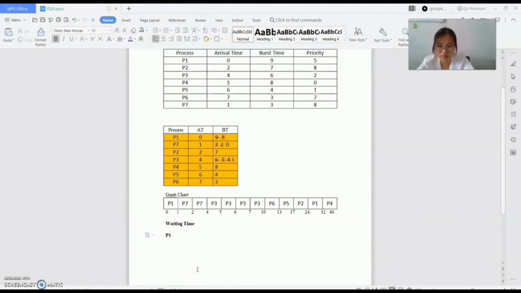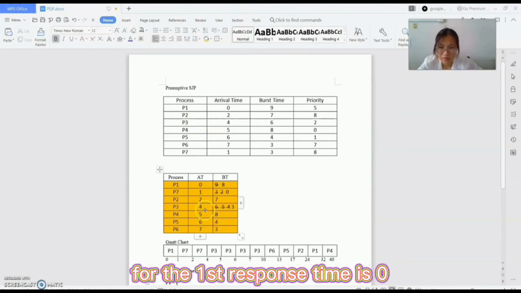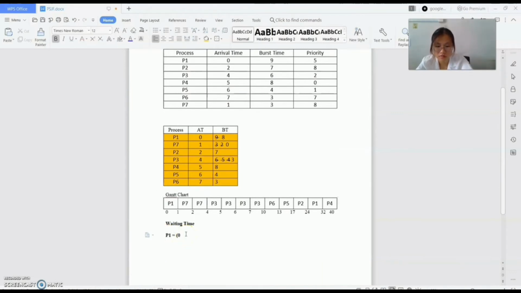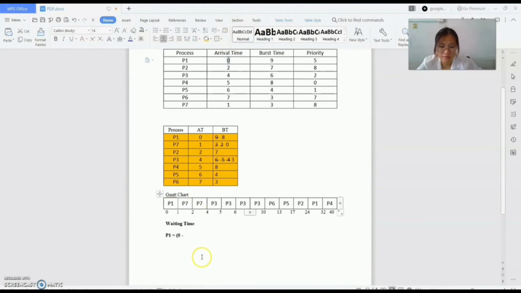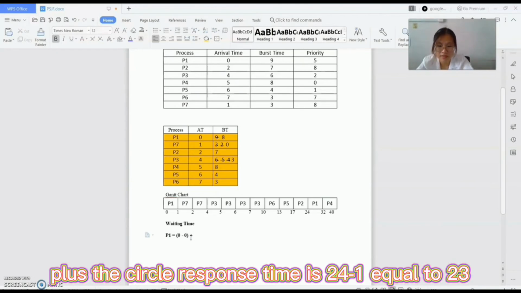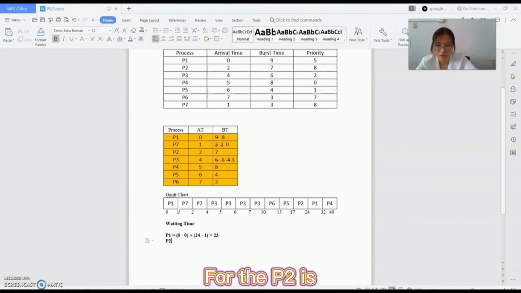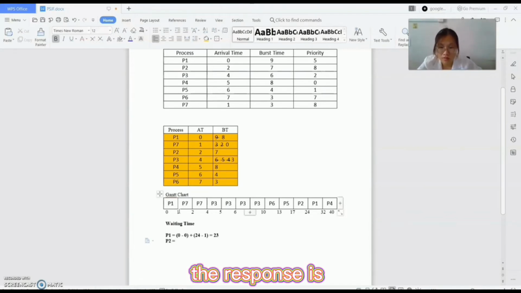For P1, the first response time is 0 minus the arrival time is 0, plus the second response time is 24 minus 1, equal to 23.